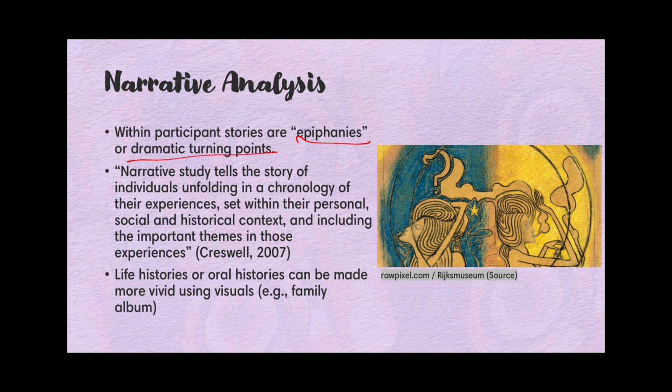Like for example, usually in the stories that I did when I interviewed men who have sex with other men living with HIV, they have different experiences with their families, but really what changed, or what influenced their story outcomes or their life outcomes is really some epiphanies or dramatic turning points: how do families react to them coming out if they do come out, how families treat them when there are certain behaviors that make them suspect that the person is gay or something.